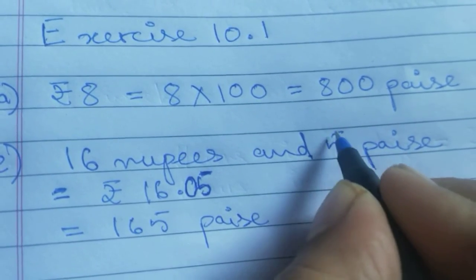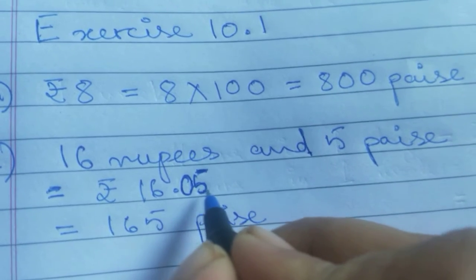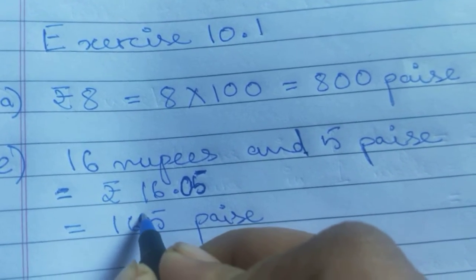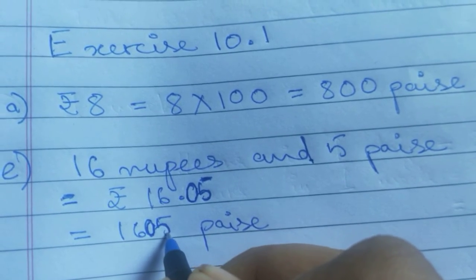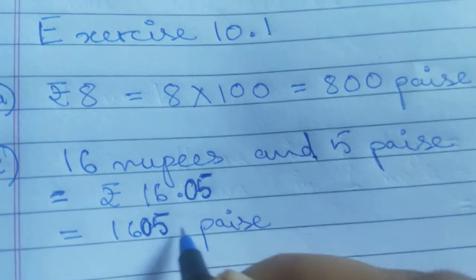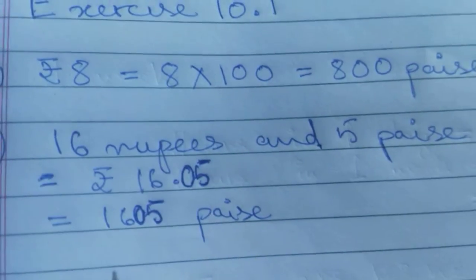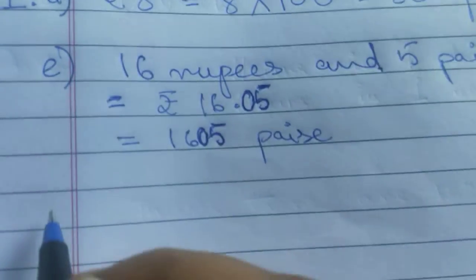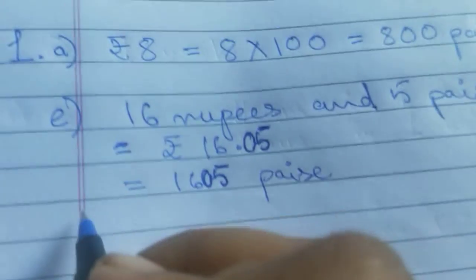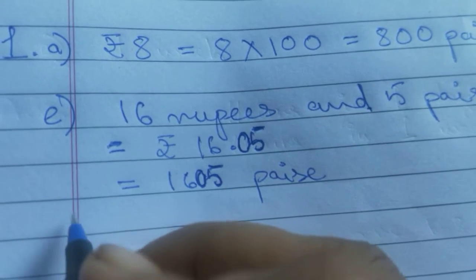If there is only one digit, you will write it as 0.05, and this will be 1605 paise.